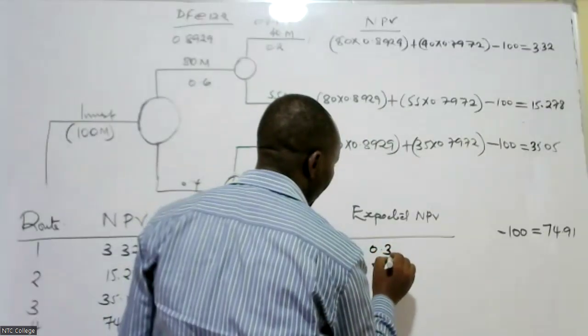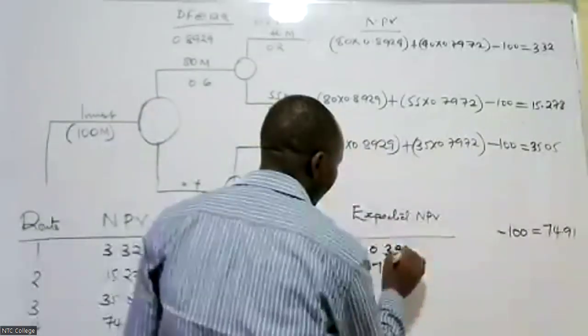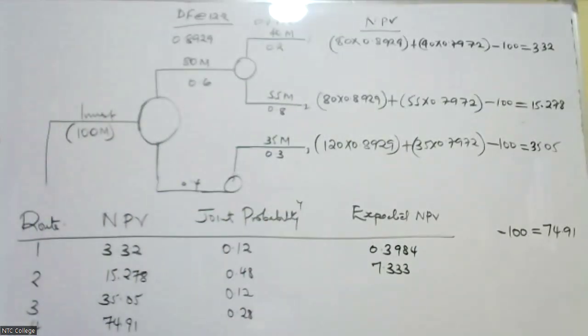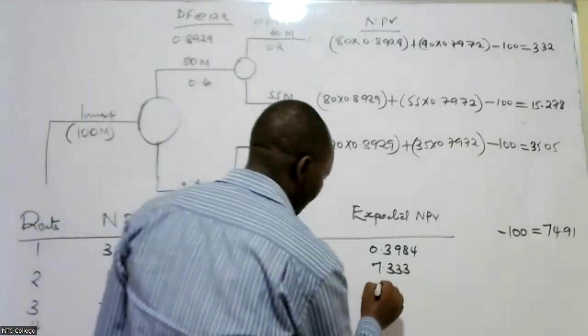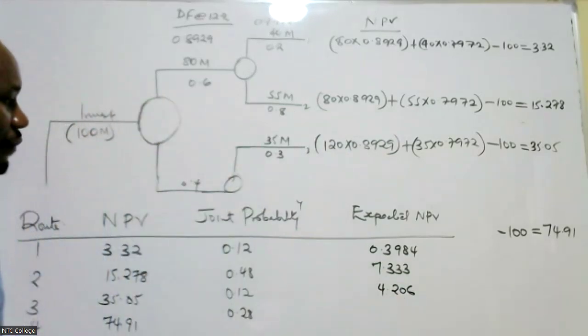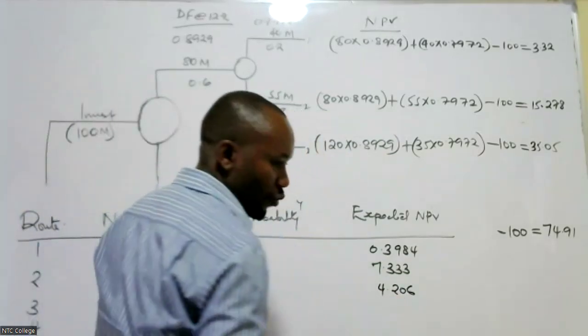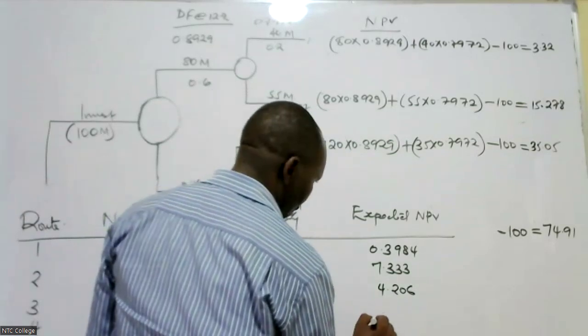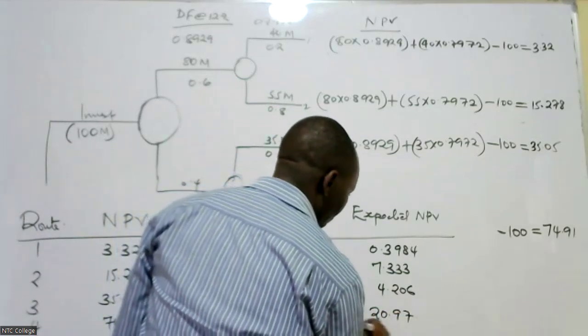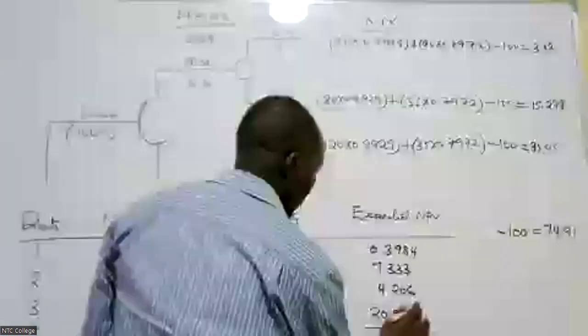The fourth one, third one, 4.206. The last one I'm getting 20.97. 9748, if you can write that.